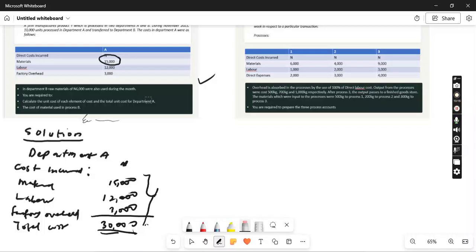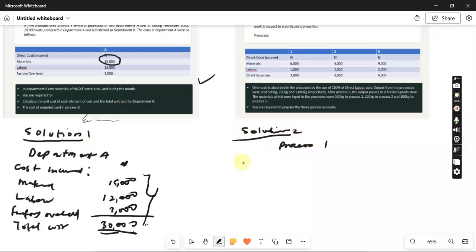Now, for solution, for department one, let us treat process one.